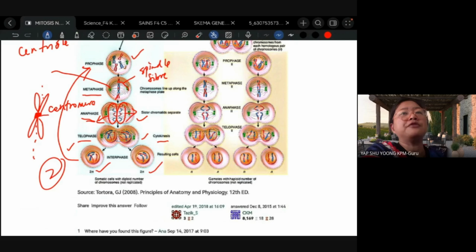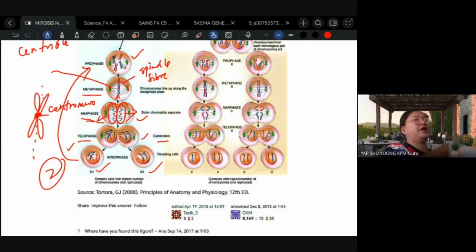What is the function of mitosis? Mitosis is used to produce new cells to replace damaged or dead cells, and to increase the number of cells for growing, and it is also involved in asexual reproduction.